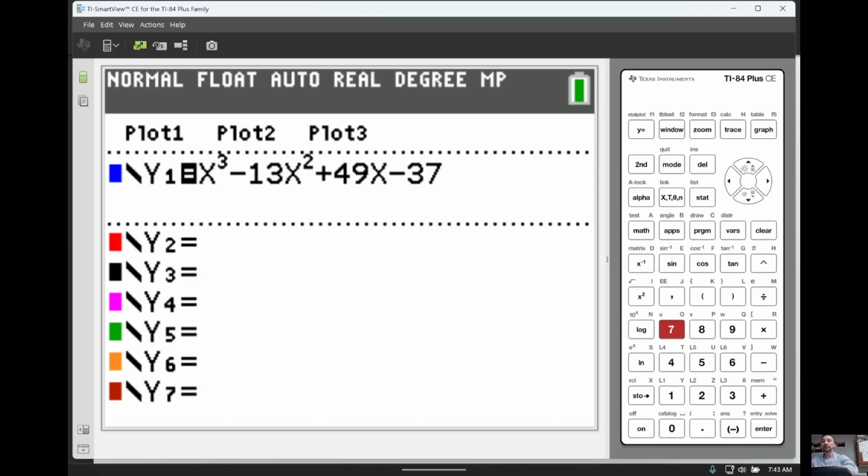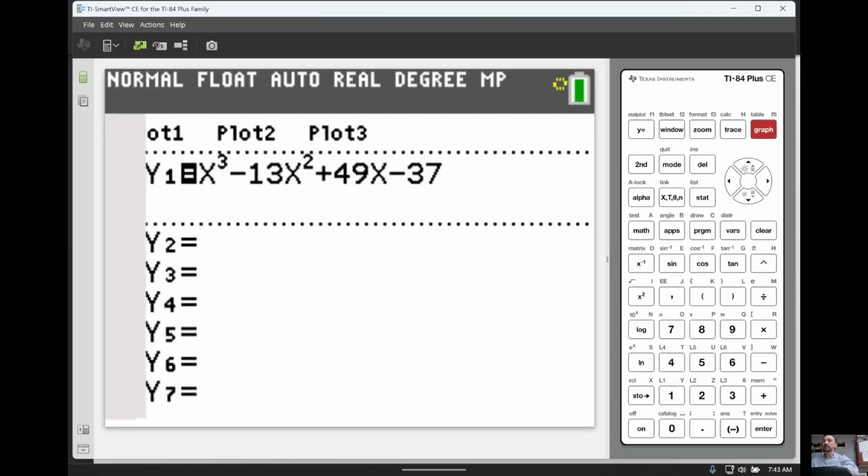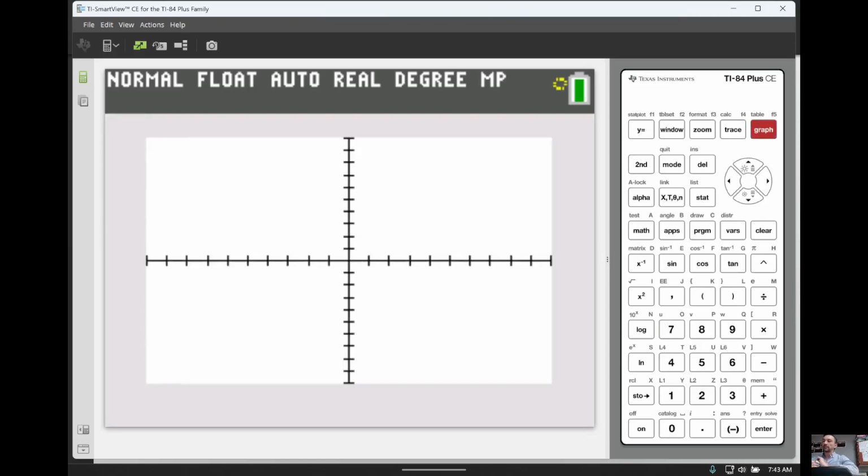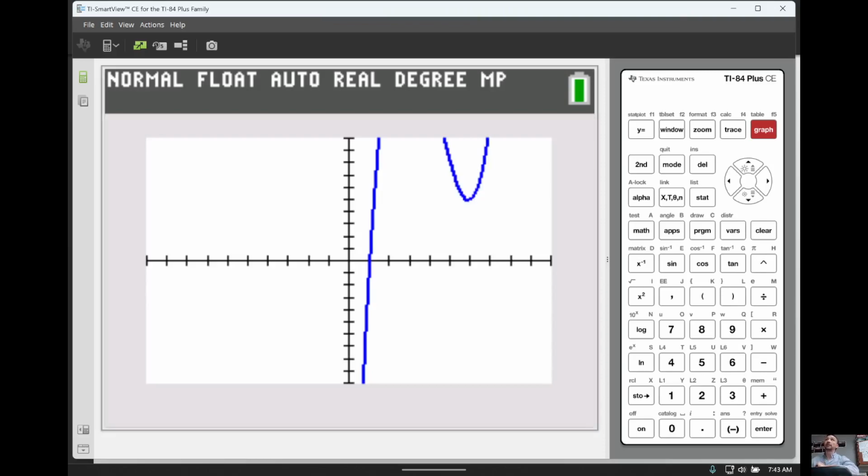But since we started with that, only x equals 1 was the only real zero, so x equals 1 should be the only x-intercept. And then that confirms that. The other zeros are imaginary, and imaginary zeros don't show up on the graph.